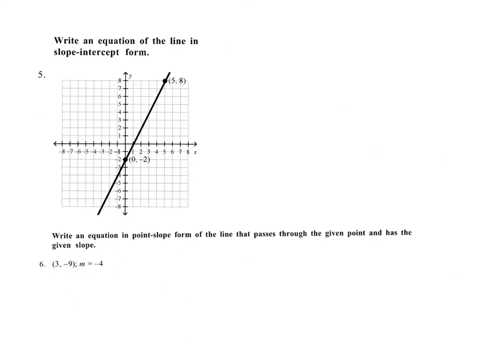Here's a similar problem. Write an equation of the line in slope intercept form. So again, we're using y equals mx plus b. If I have a graph, you can see here I have my y-axis, and this is where it crosses the y-axis, so that's my y-intercept. So my b equals negative 2.